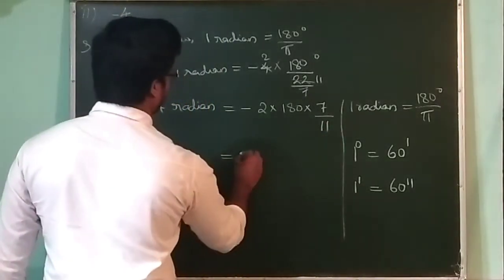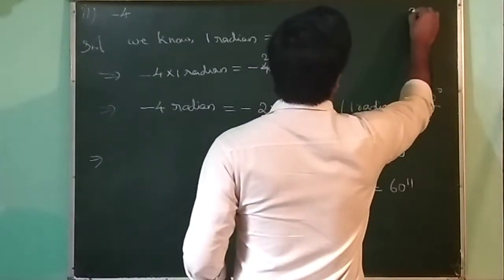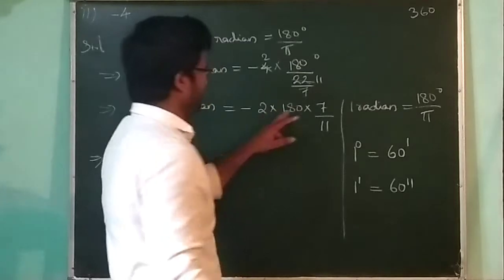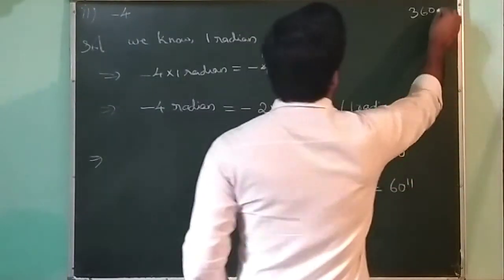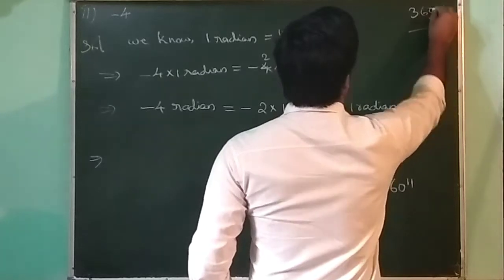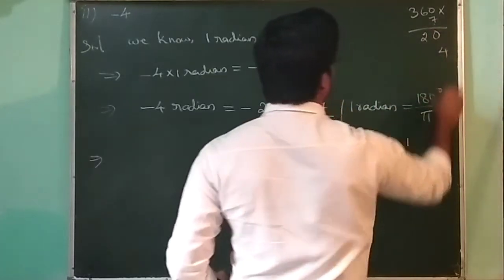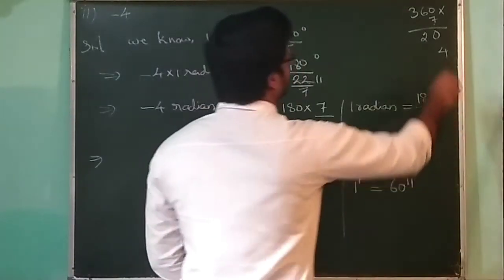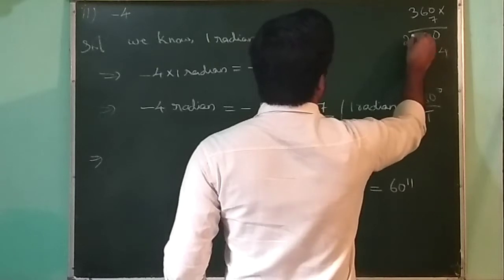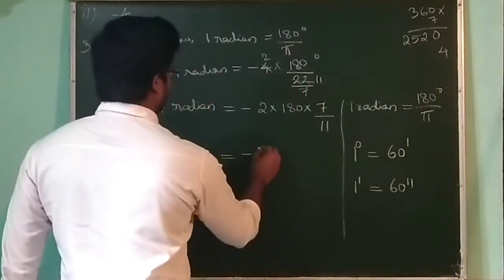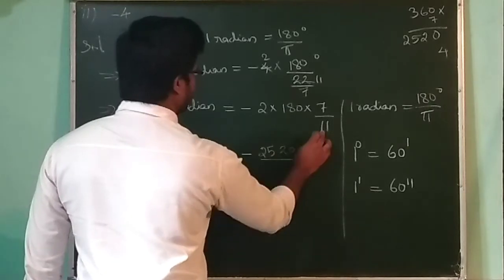Equal to minus, multiplying 2 into 180 gives 360, isn't it? 2 into 180 means 360, and you multiply that by 7. 7 into 0 is 0, 7 times 6 is 42, 7 times 3 is 21 plus 4 is 25, so 2520 divided by 11.